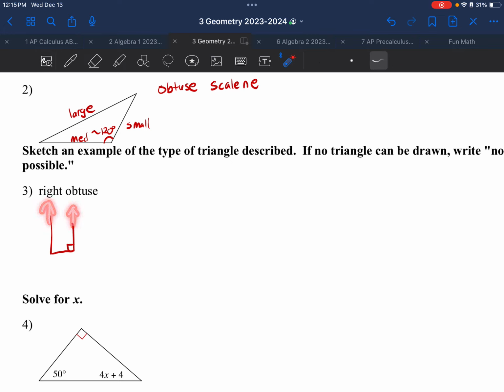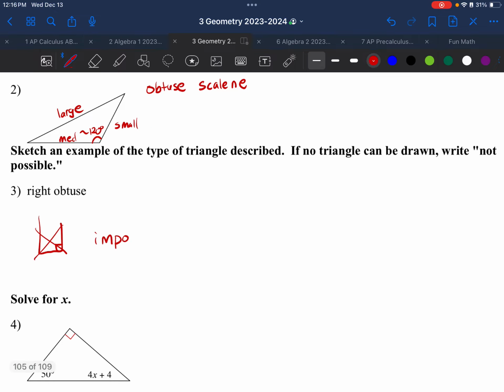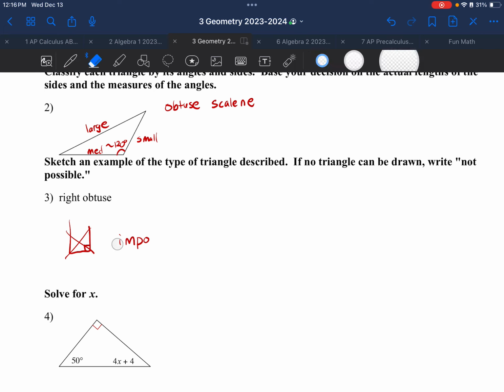They'll be parallel lines, and that will never form a triangle. So this one is impossible, and in the instructions we're supposed to say not possible.